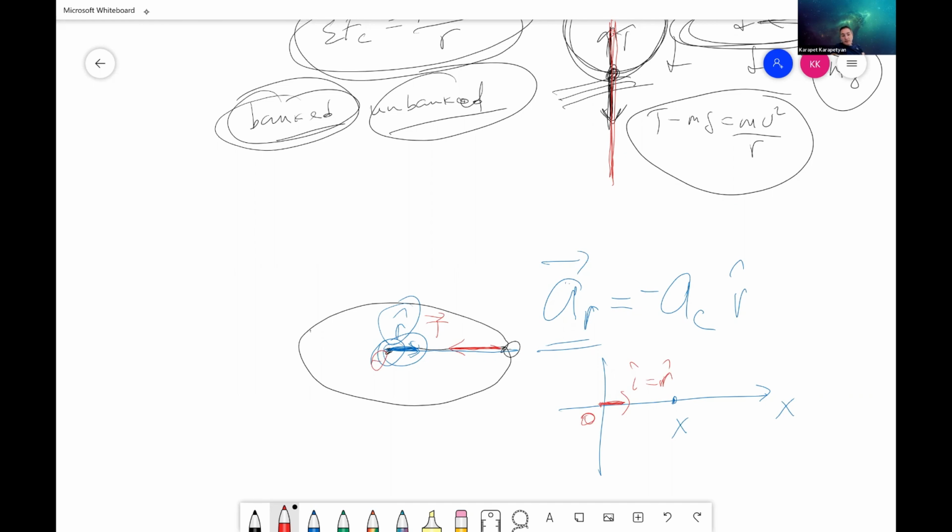If I have a vector in the opposite direction, it's negative i hat, which is also negative r hat. That's what this is. It just means it's in the opposite direction of my unit vector, which always starts from the reference point, the origin. Okay, thank you. You're welcome.